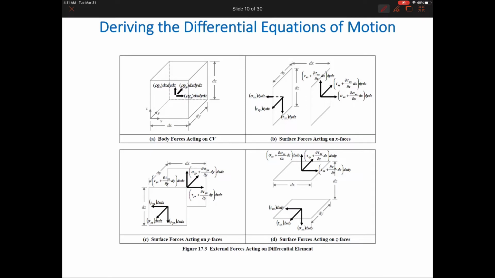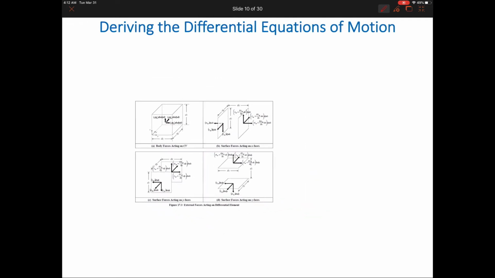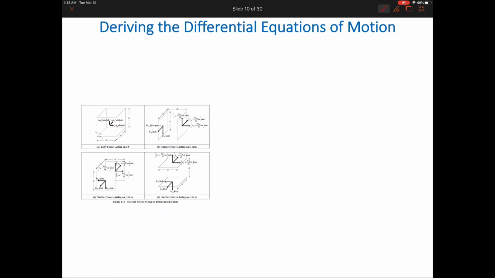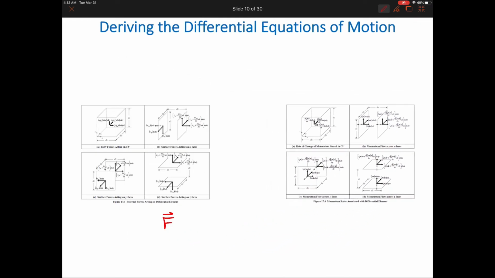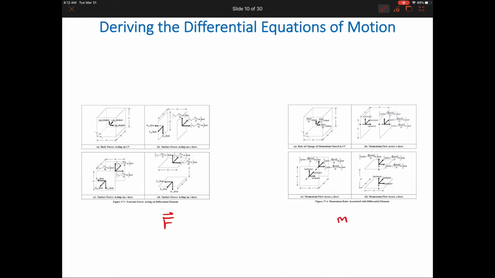We talked about the forces just a moment ago, the body forces, the surface shear forces, etc. And we're combining them all. We're combining the body forces and all of the forces on the x, y, and z faces. We're going to shift this over here, and we're going to call it F, all of our forces. And then we have figure 17.4, and we're going to shift that one to the far right.